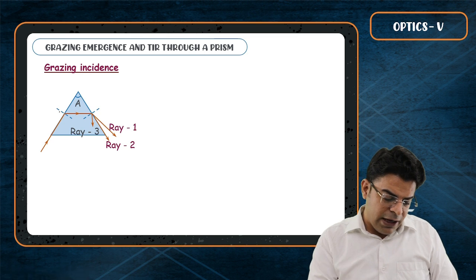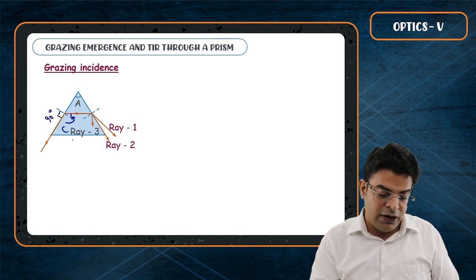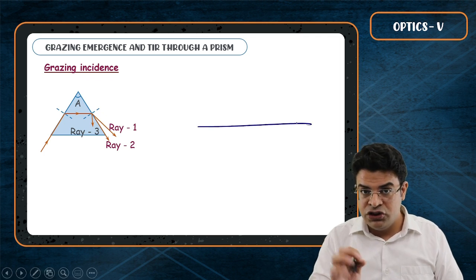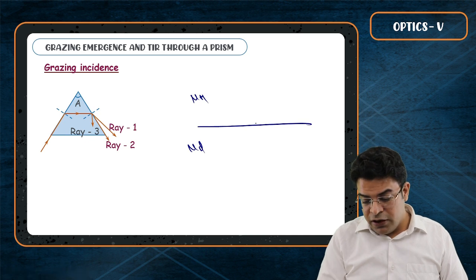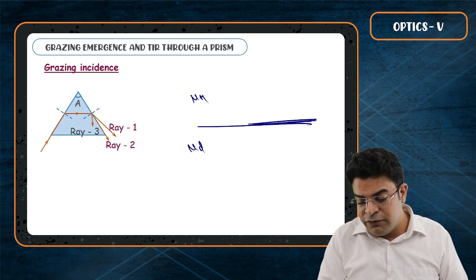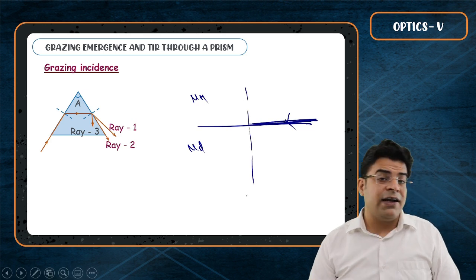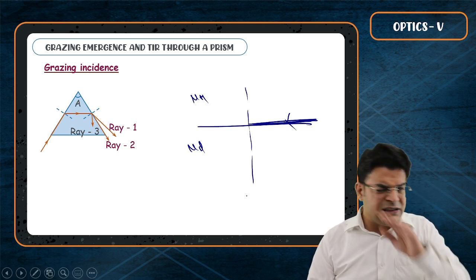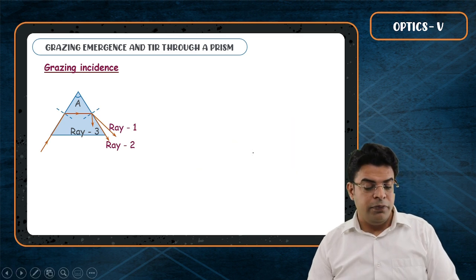If I becomes 90 degrees, then R1 will be the same as the critical angle. What I told you just now: if you have a rarer medium and a denser medium, and a ray of light moves parallel to the surface in the rarer medium, then when it is refracted into the denser medium, in the extreme case, it goes at an angle equal to the critical angle.